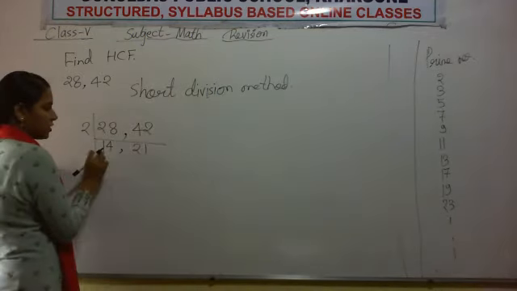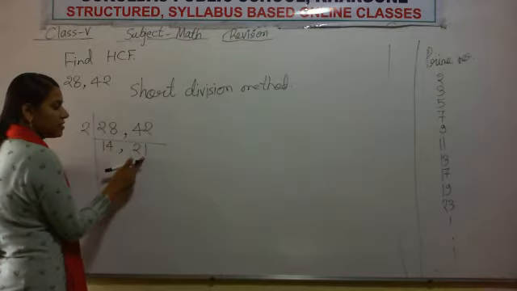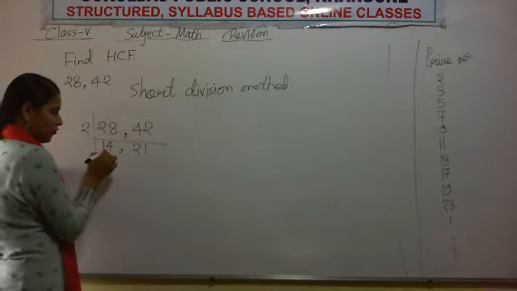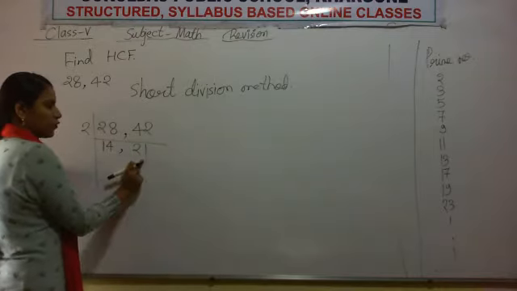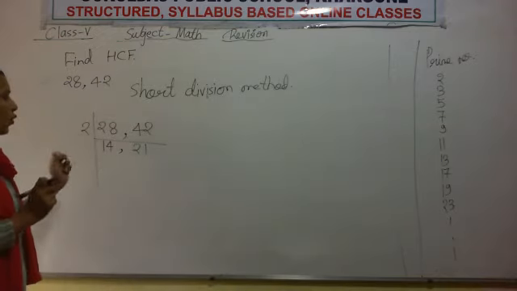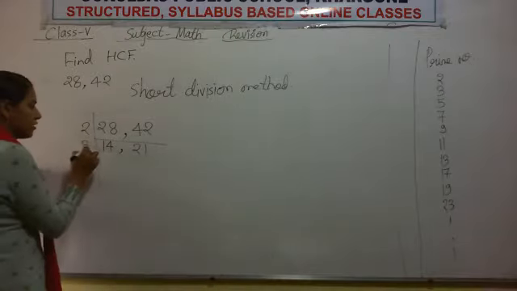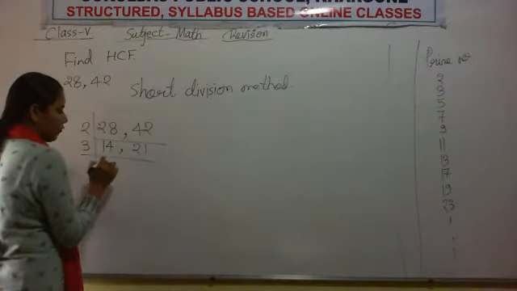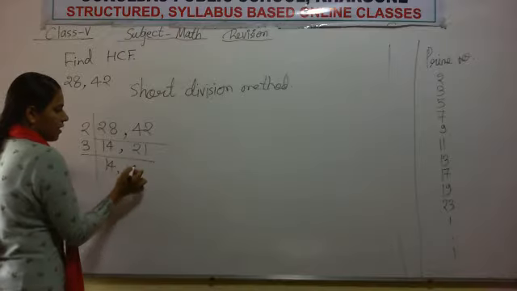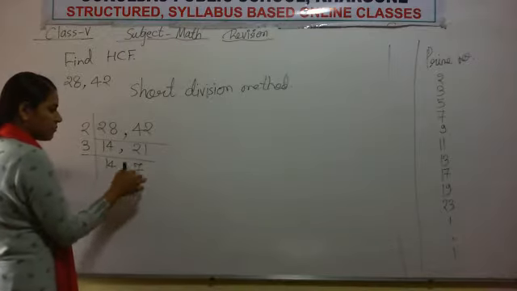Now check both the numbers. One number is even and the other number is odd. 14 is even, 21 is an odd number. So we cannot divide it by 2. Can we divide it by the number 3? If we divide by 3, 14 cannot be divided but 21 is divisible.